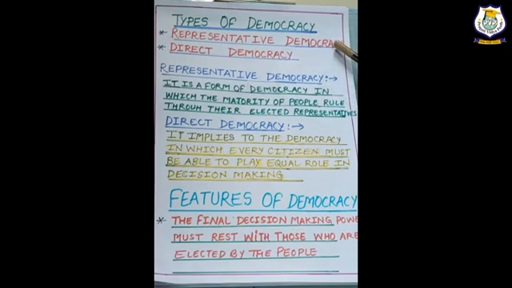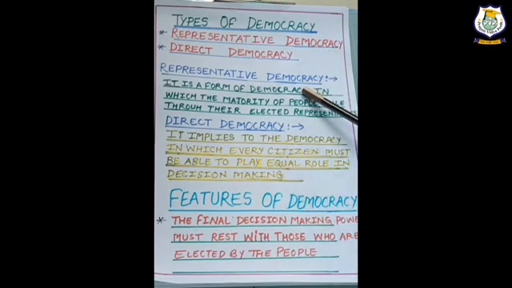Representative democracy is a form of democracy in which the majority of people rule through their elected representatives. Direct democracy implies the democracy in which every citizen must be able to play an equal role in decision making.